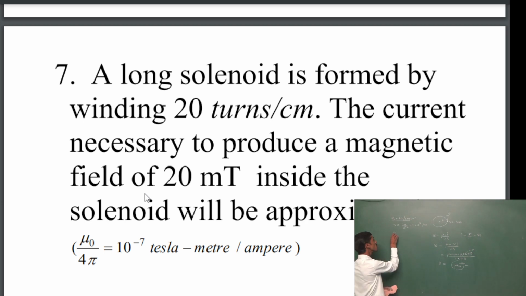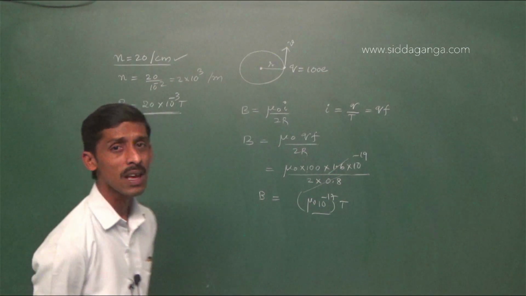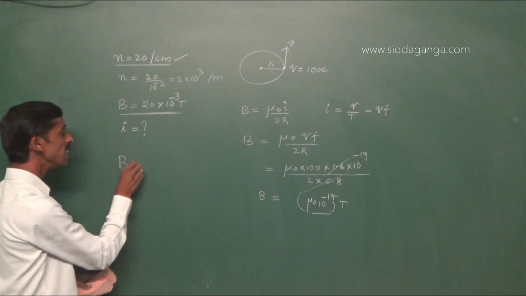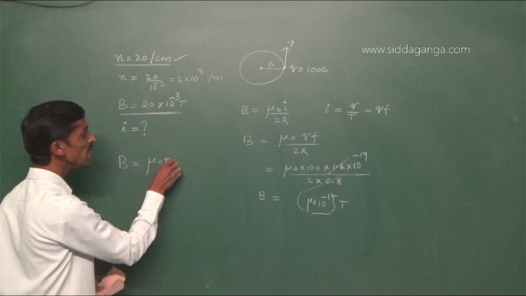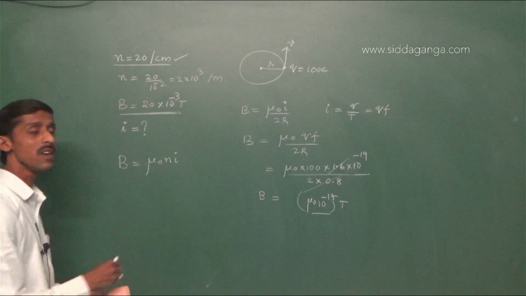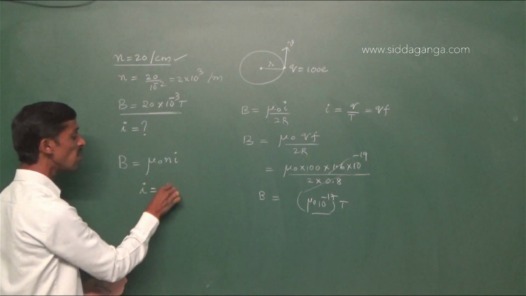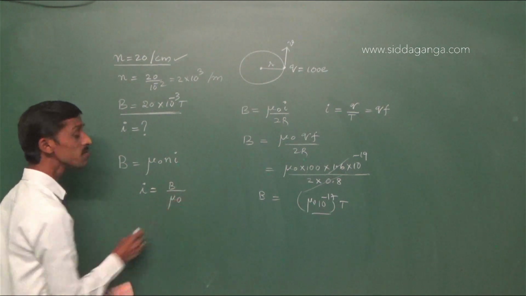In order to produce the magnetic field of 20 millitesla, how much current should be there? For what value of the current will you get the magnetic field of 20 millitesla? The magnetic field at a point inside a long solenoid is B is equal to mu naught n I. So the current required I is equal to B by mu naught n.